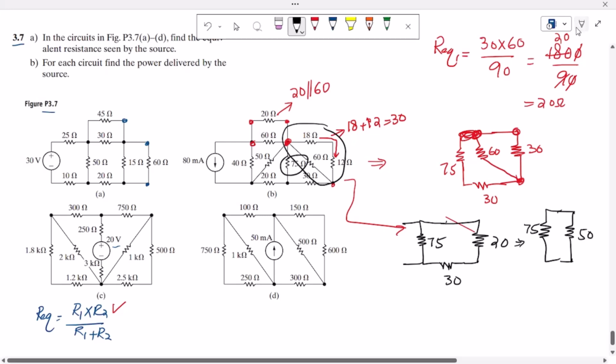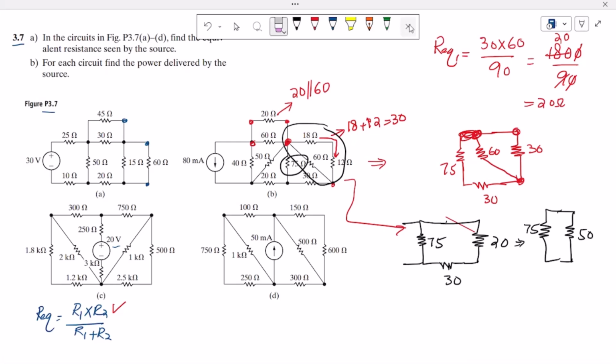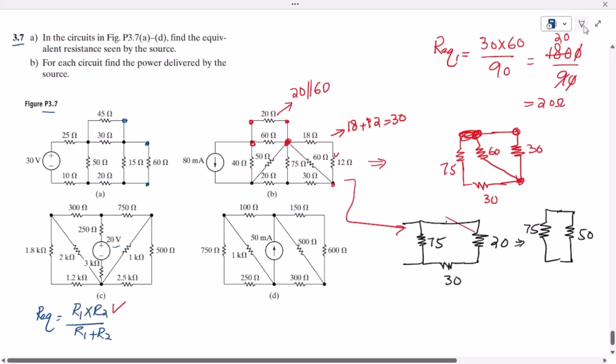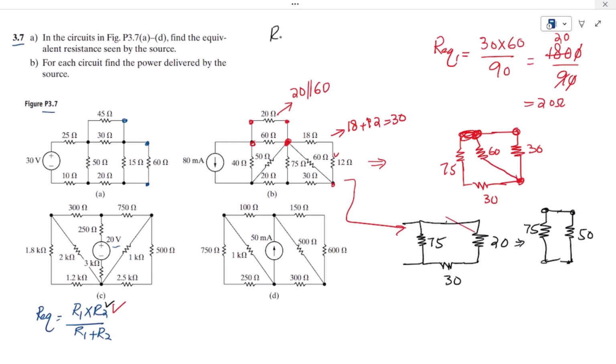Let me clear this one as well. Okay, so 50 and 75 are connected in parallel. So when these two are connected in parallel, let me use the same formula. R equivalent is 75 multiplied by 50 divided by 75 plus 50, that is 125.